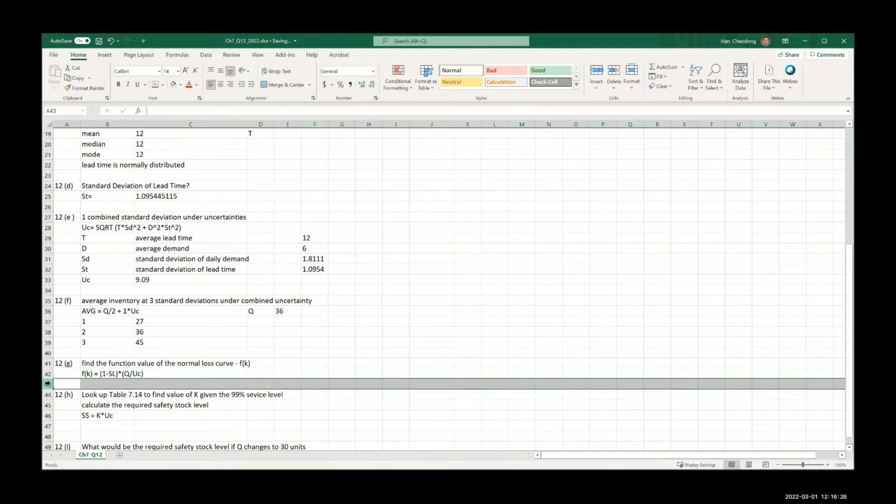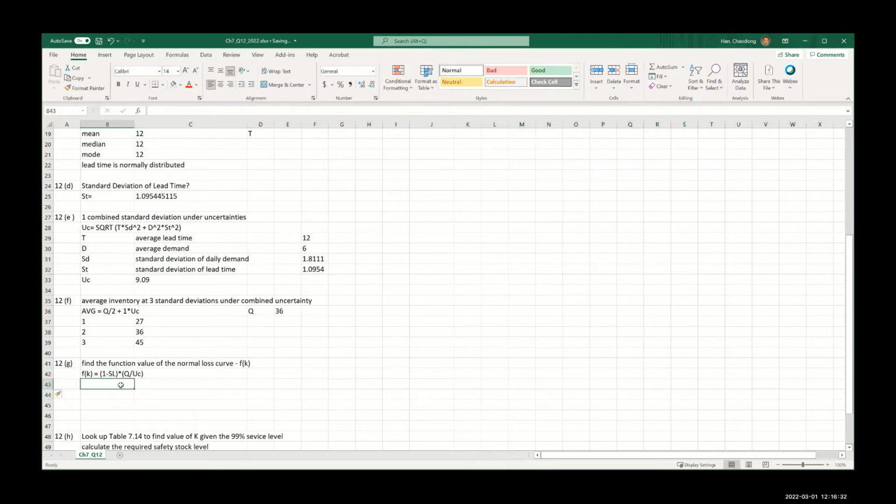So to find an Fk, we need to list all these numbers here. Let's organize the inputs. SL, that's 99%. And Q, 36. Combined uncertainty, let's use the numbers we just calculated.